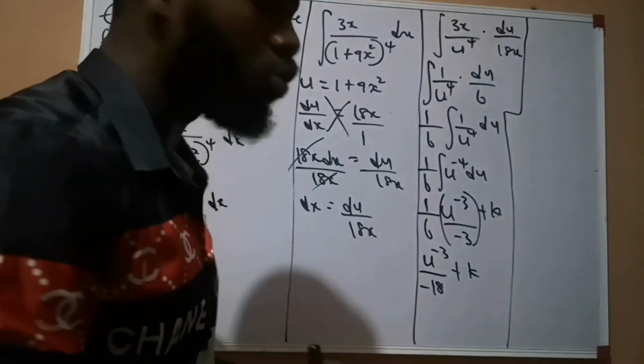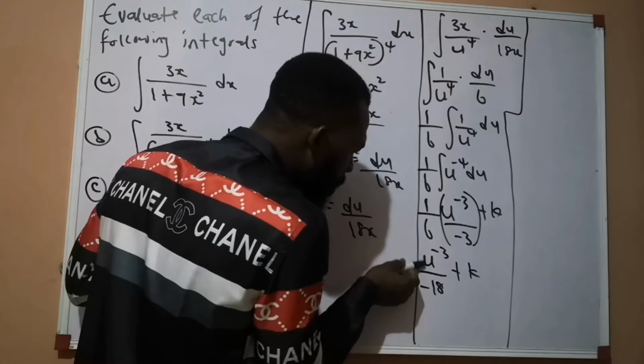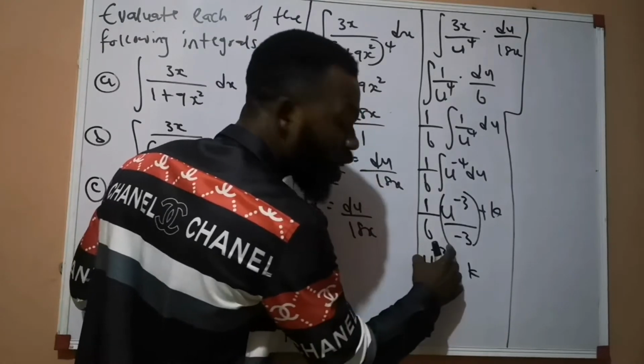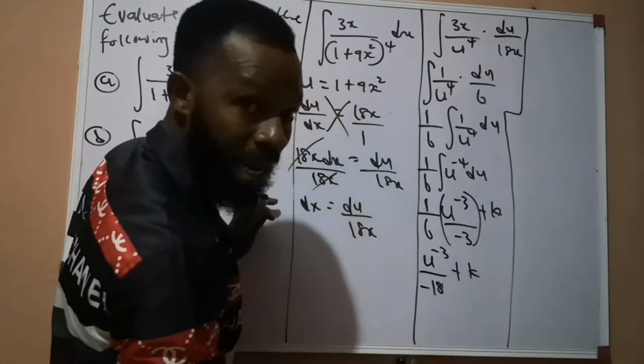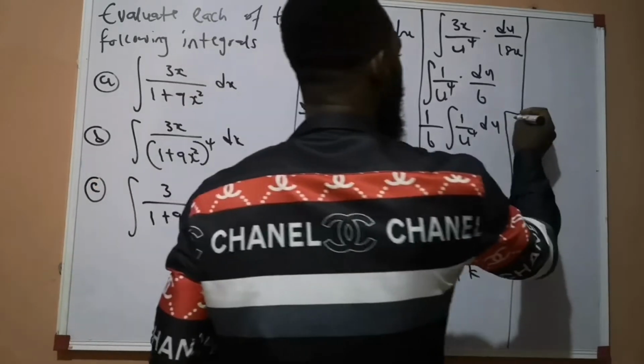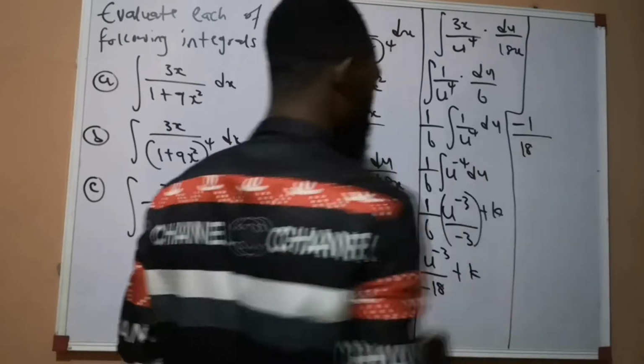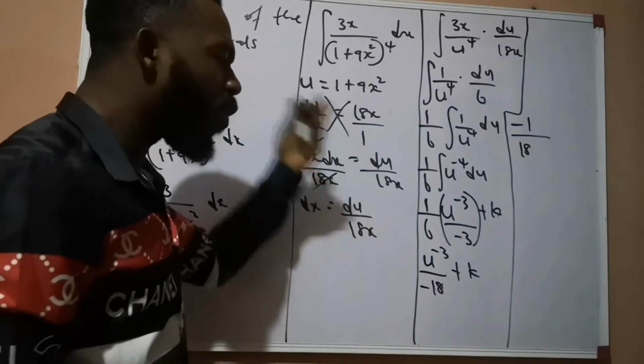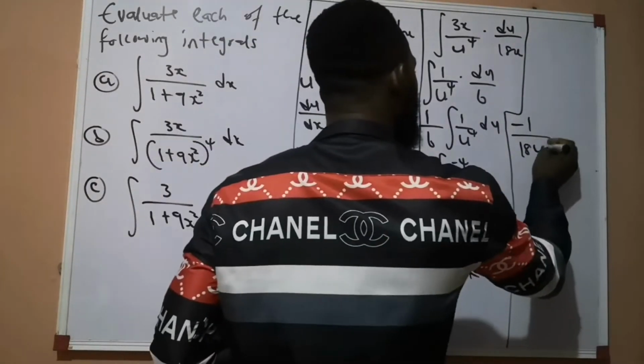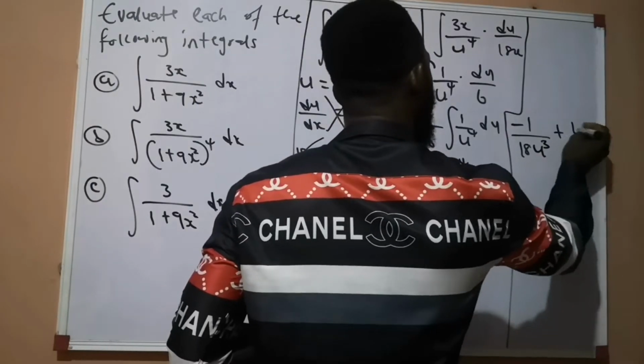If I bring back u to the denominator, what will remain here? 1. Because if u raised to the power minus 3 goes down, it becomes 1 at the numerator. So here becomes minus 1 over 18u raised to the power 3 plus k.